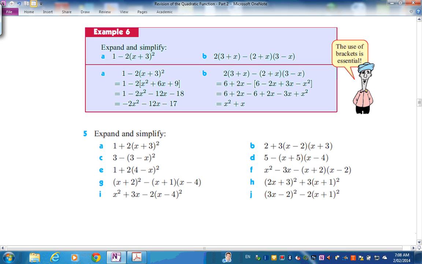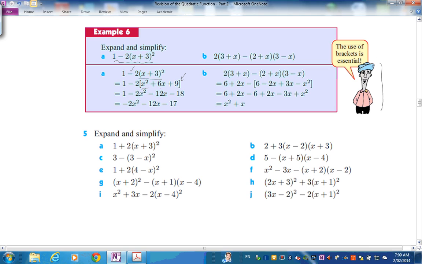Here's our next bit. Use of brackets we're looking at here. Use of brackets is essential. Okay, well, let's have a look at them because these are a bit more complicated. Over here, 1 take... Now, writing the problem out carefully, then use this bracket in here to expand x plus 3 squared.